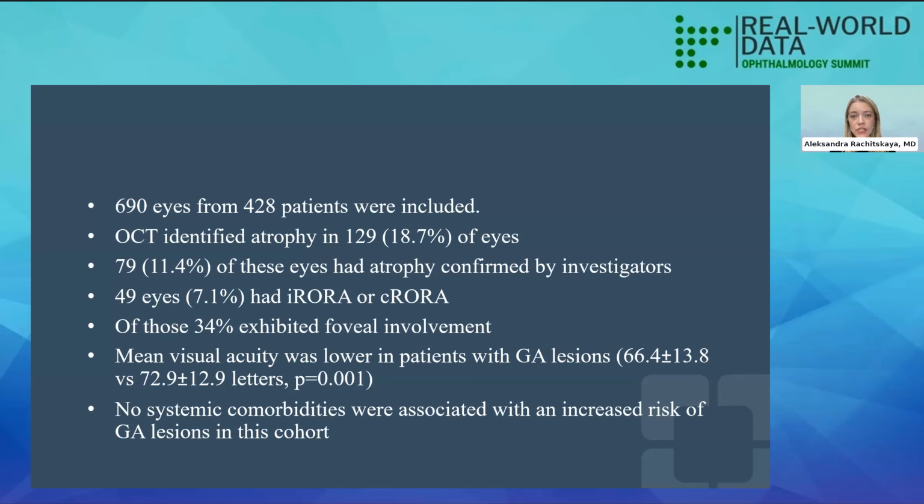And some of those patients exhibited foveal involvement, and they were older and had worse visual acuity. We also looked at the systemic comorbidities to see if there was any association, and in this cohort, we didn't see any association.